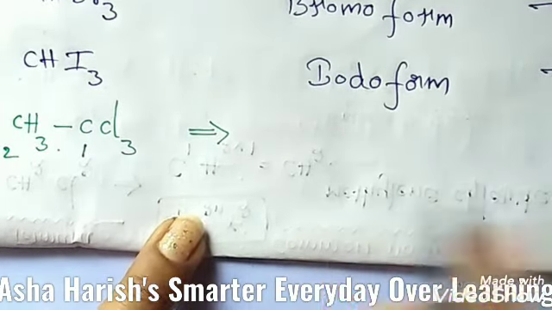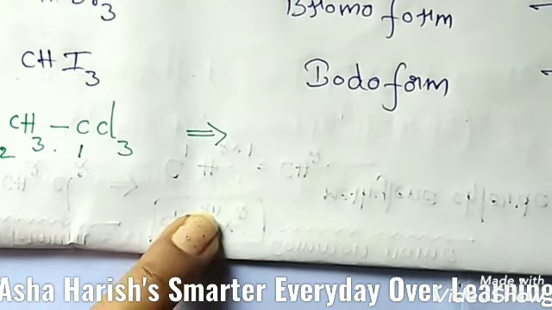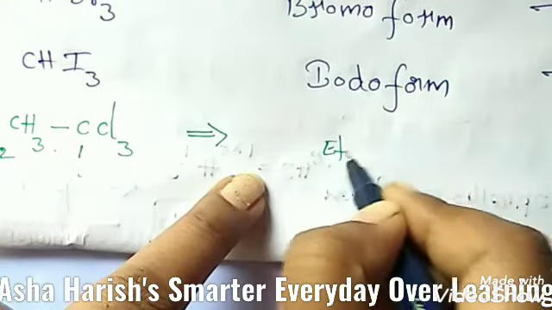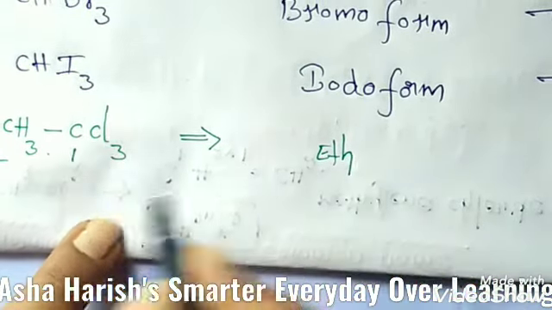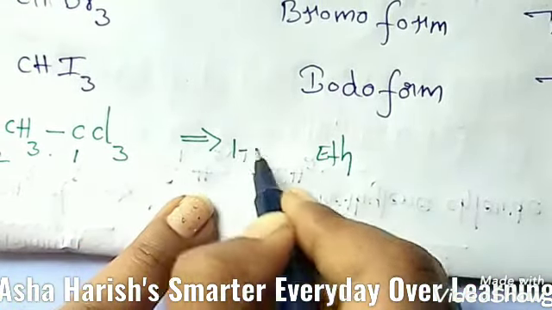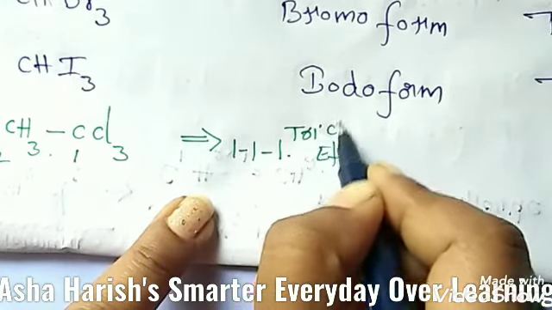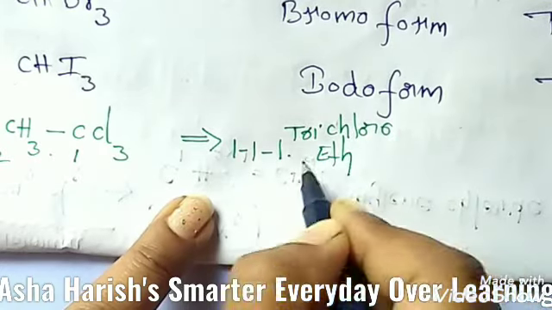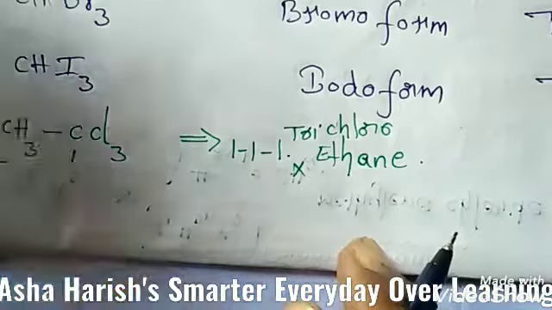Two carbons are located, which means the root word should be eth. Eth is the root word. Then students, how many chlorines are here? 3 chlorines. Then 1,1,1-trichloroethane. That is the IUPAC name of this.